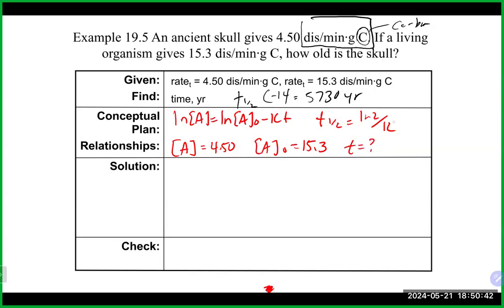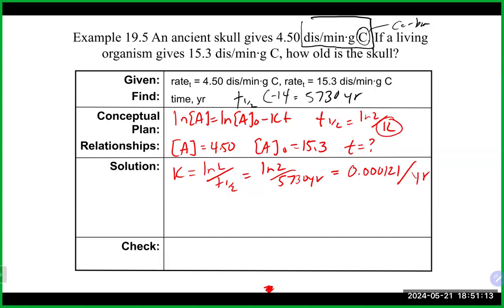Once again, we do need to use our half-life equation to get our decay constant. So we'll start there. Our k will equal natural log of 2 over the half-life, which is natural log of 2 over 5730 in this case, using carbon as we have per gram of carbon, and that gives us a decay constant of 0.000121 reciprocal years.